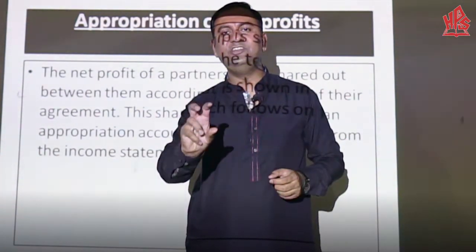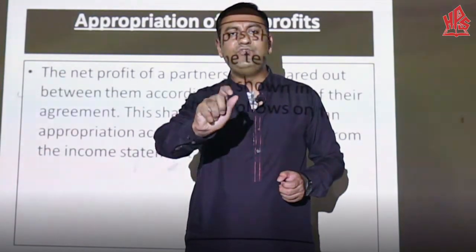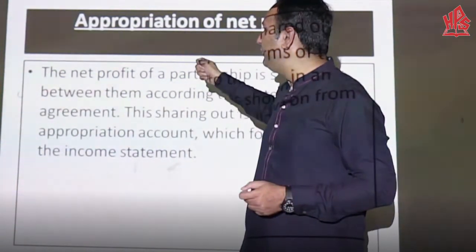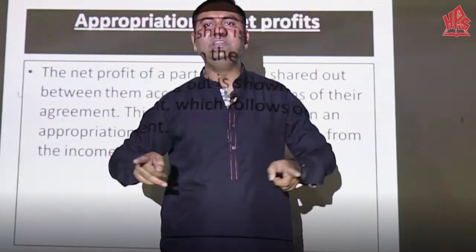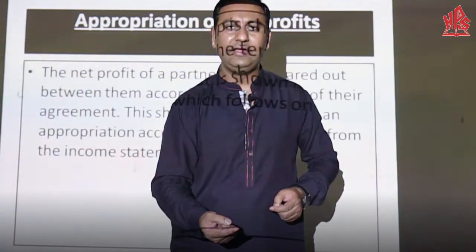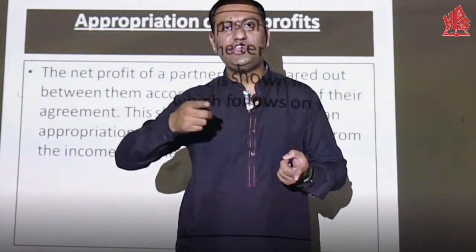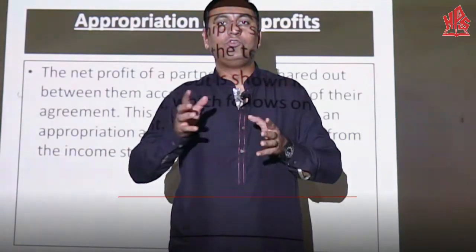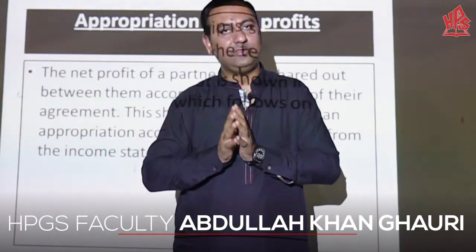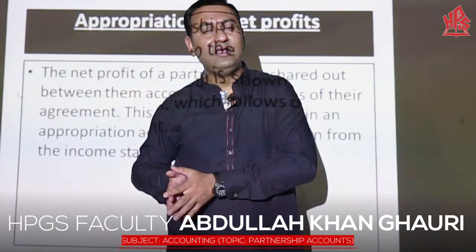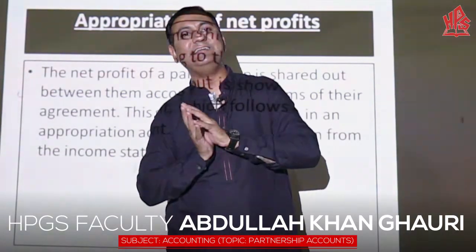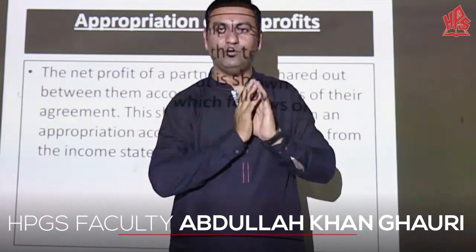And that distributable profit, which will be calculated under the appropriation account, will be distributed among each partner by the profit and loss sharing ratio. So the profit of the partners will be credited to the current account.